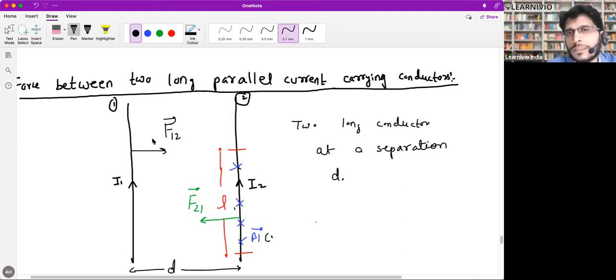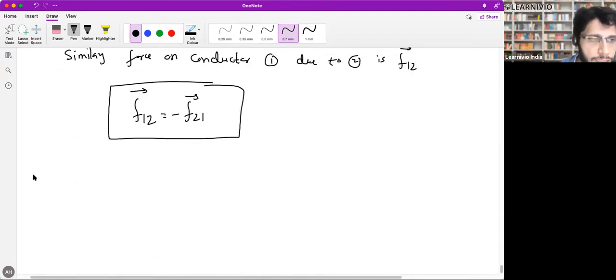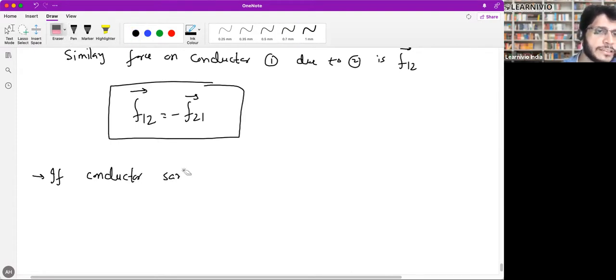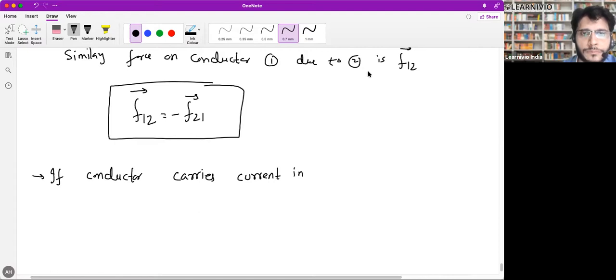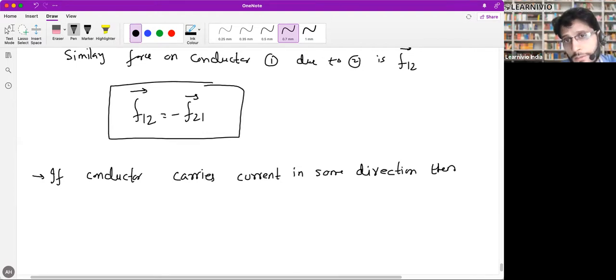So you can remember this result in this way. If you have two conductors and they are carrying current in the same direction, then they will attract each other. But if they are carrying current in opposite directions, then they will repel each other. If conductors carry current in same direction, then they will definitely attract.